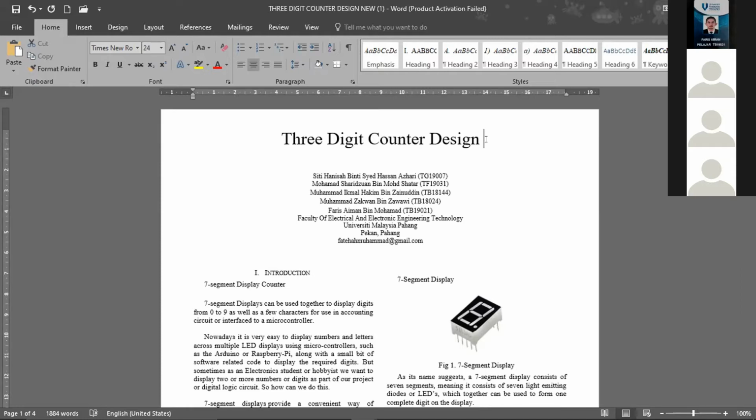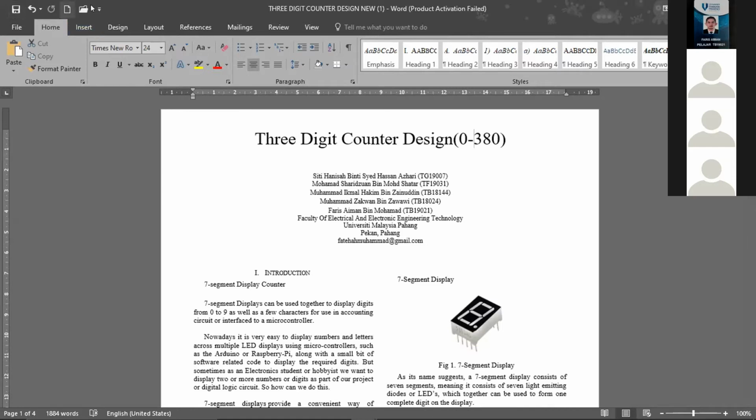I don't know if we want to add "from". I think no need to put "from", just a bracket 0 to 380. No need, just have a space like this. I think it's better. Okay.